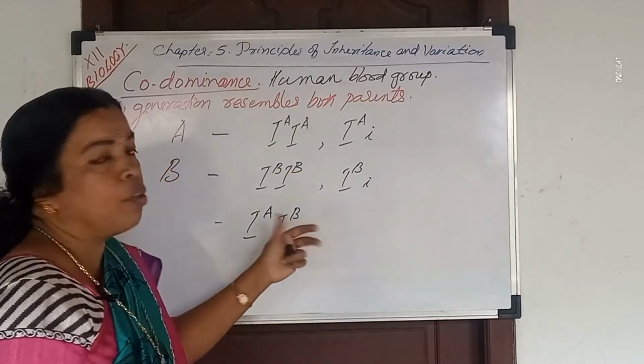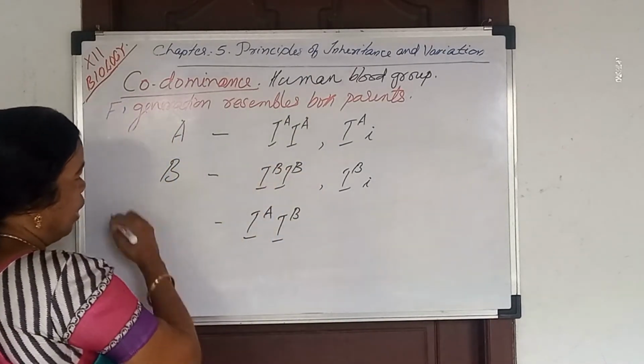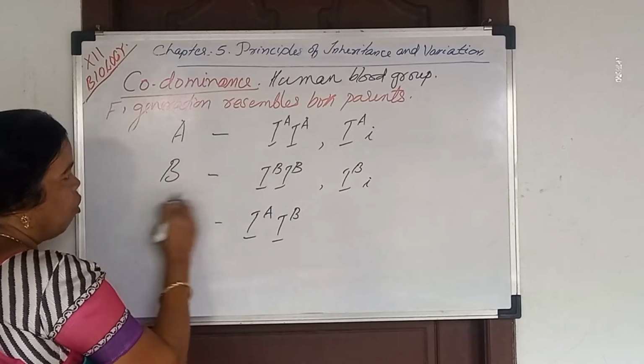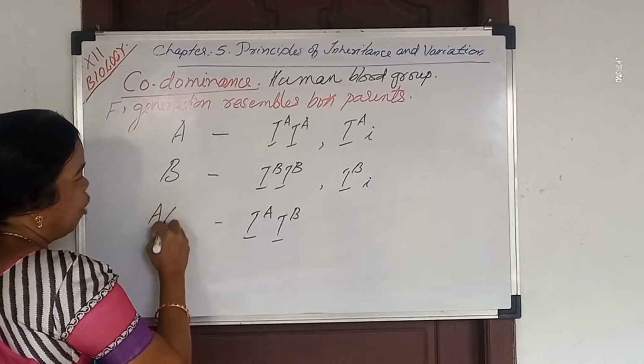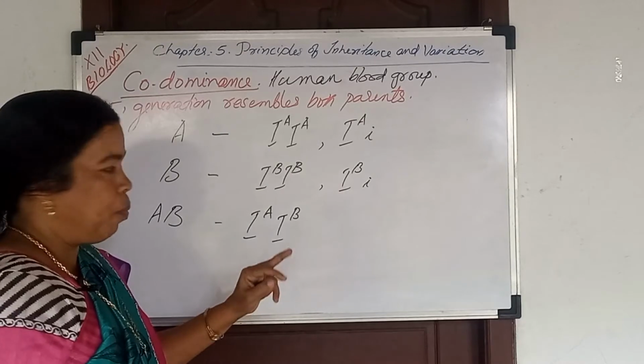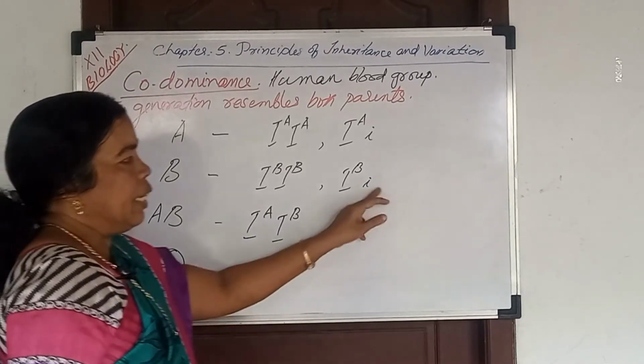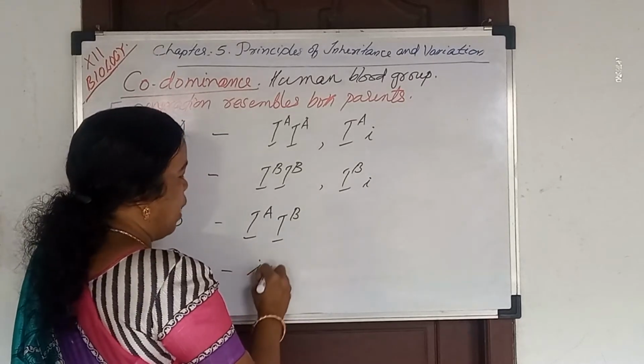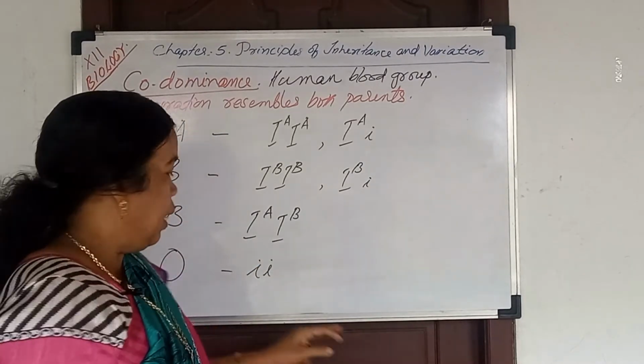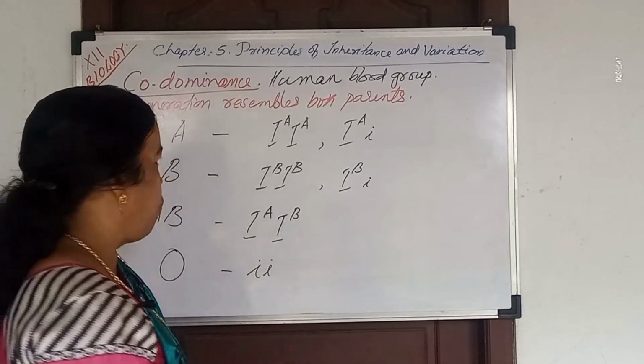So they resemble both the parents. So that is one character of that group. AB, that group is called AB group. Both alleles are present. Then another is O group. The recessive allele only present, small i only present. That is called O group.